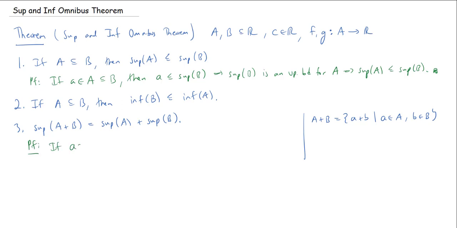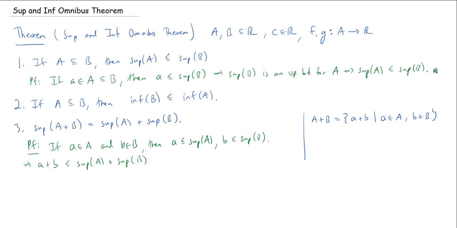So first, if I have elements a in A and b in B, well, then of course I know that a is less than or equal to the supremum of A, and b is less than or equal to the supremum of B. Okay, but this implies then that if I add a and b together, that will be less than or equal to the sum of the suprema of A and B. So this tells me that the sum of the suprema is an upper bound on the set A plus B. So sup A plus sup B is an upper bound for A plus B. Okay, but that means if it's an upper bound, then it must be at least as big as the least upper bound.